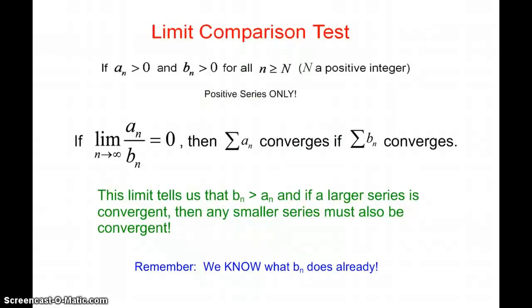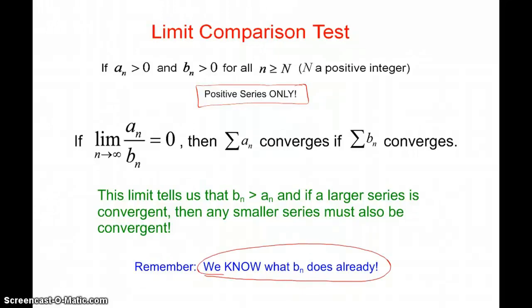That is a super useful result, because we're going to know whether B sub n converges or diverges. The other two results, as with our functions, we're going to have to take a little more information into consideration. Again, up front, we're dealing with positive series only. A sub n is a positive series, B sub n is a positive series for all n values. We're going to know what B sub n does. We put them in a ratio of unknown over known. If we get 0 as a result, that tells us A sub n is smaller than B sub n for large input values.